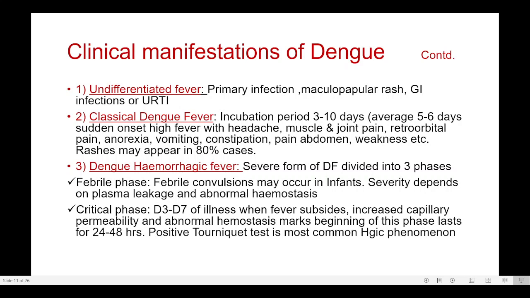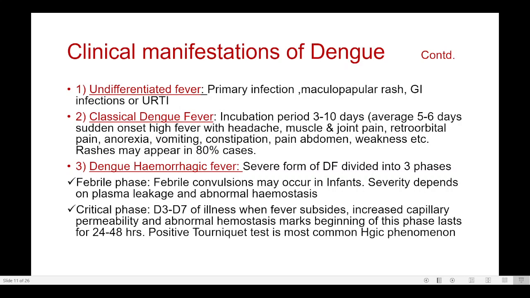And rashes may appear in 80% of classical dengue fever. These rashes may be diffuse flushing or mottling or fleeting pinpoint. It may convert to maculopapular rash. In the first phase, it may appear on the face, neck or chest.